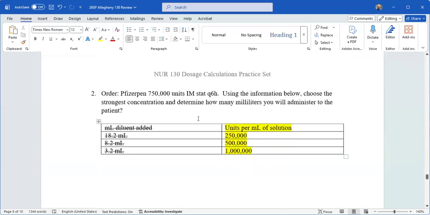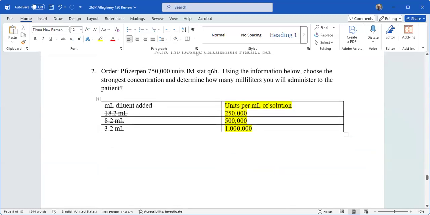Where it gets a little bit tricky is this Pfizer pen question. I know you still get asked these types of questions. This is what you would see on the label of a reconstitution question. The trick is you can see where I crossed out all this. We don't care about this. The only thing I care about is what is my concentration.